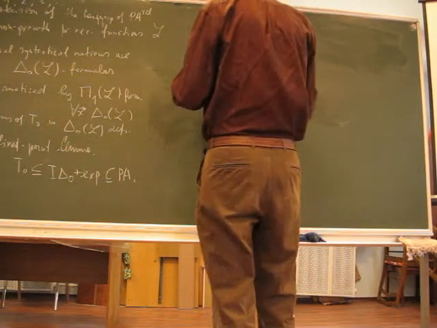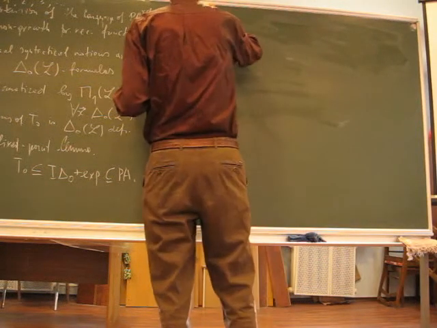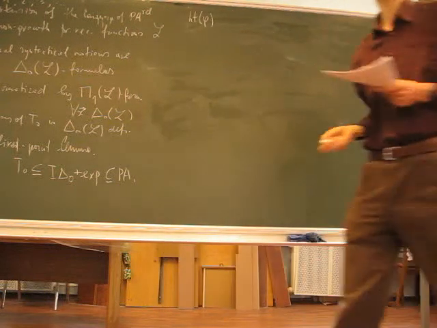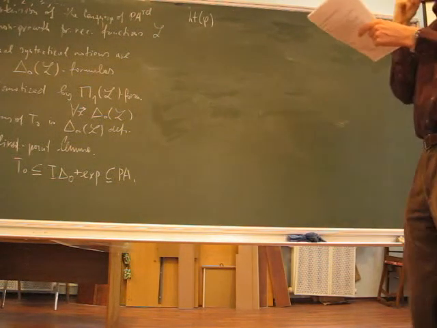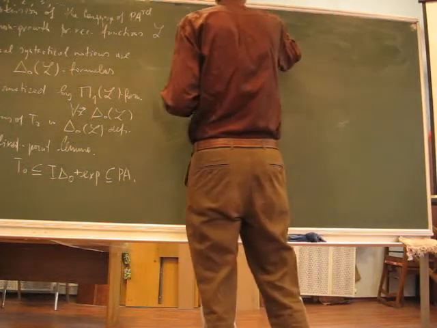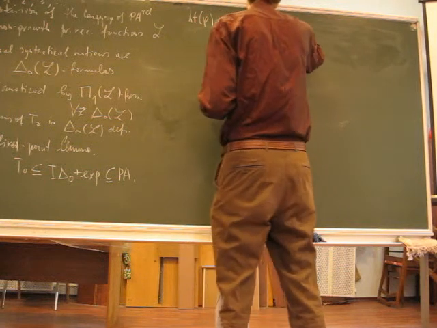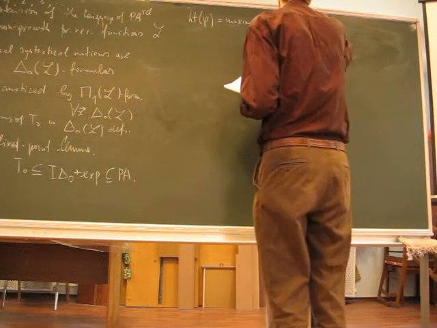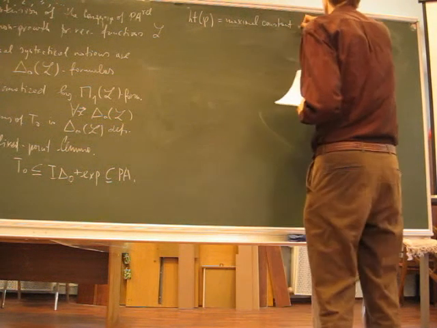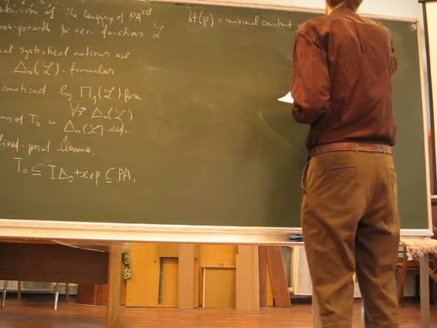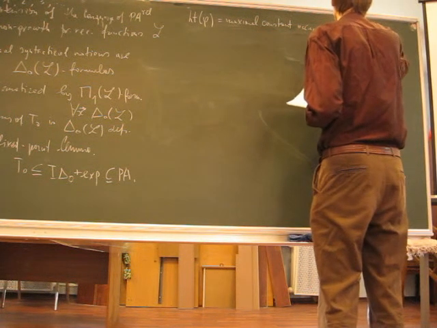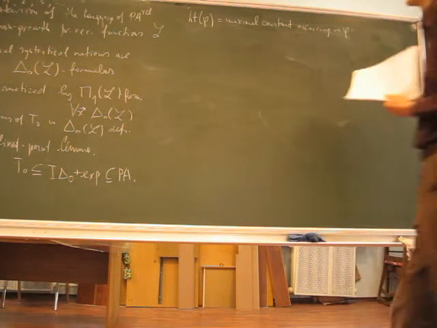So let us define the following: the height of a formula phi in the language of our theory is the maximal constant occurring in phi.